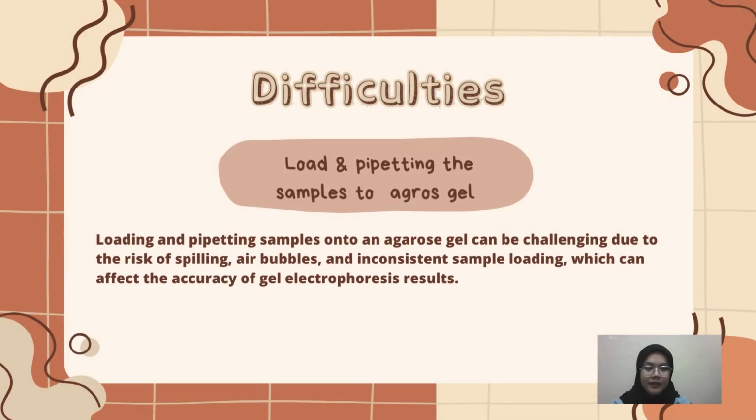Next is loading and pipetting the samples to agarose gel. Loading and pipetting samples onto an agarose gel can be challenging due to the risk of spilling, air bubbles, and inconsistent sample loading, which can affect the accuracy of gel electrophoresis results.